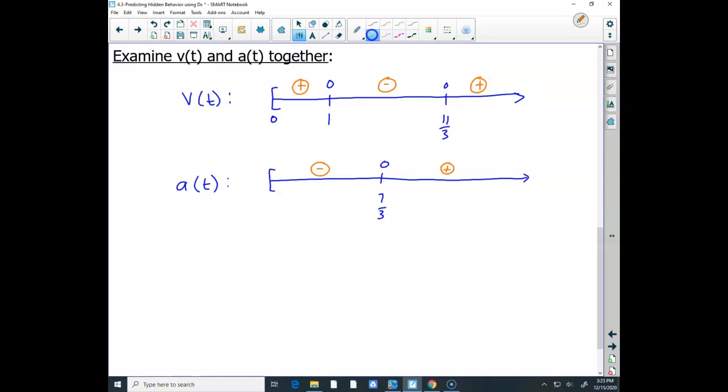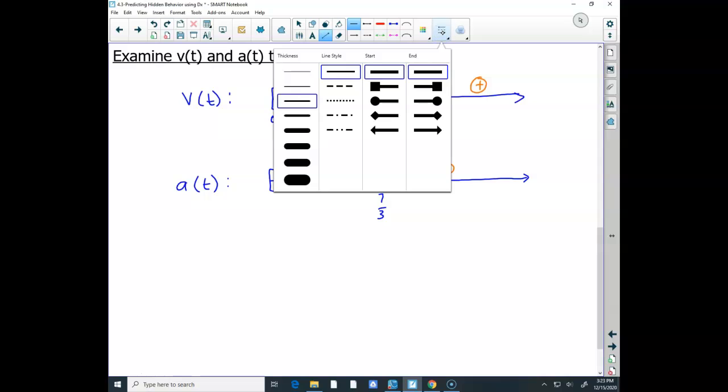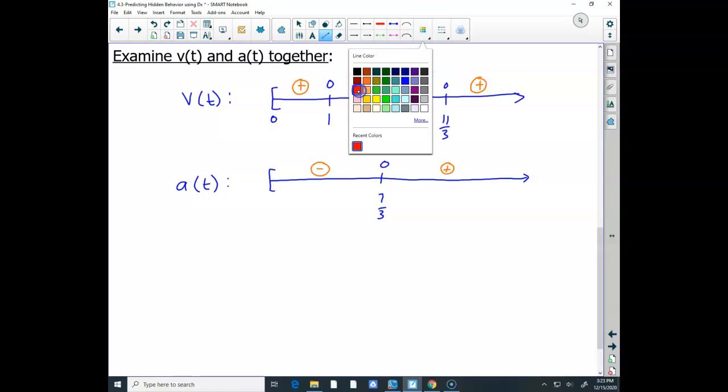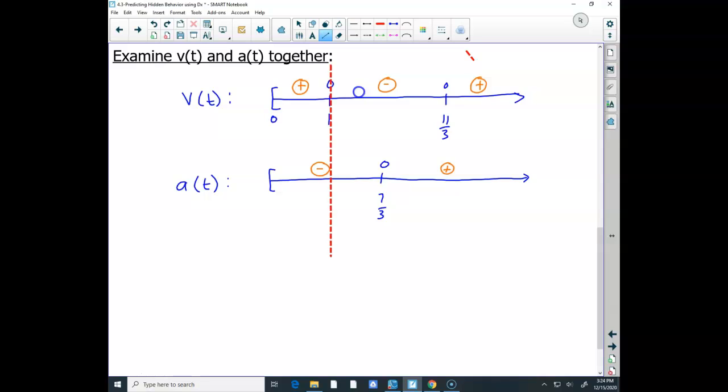Now, when I do my analysis of acceleration and velocity together, this is where my speeding up, slowing down stuff happens. I want to split this at every critical value, meaning I want to split it here, here, and here, and see my analysis of what's going on in each of these.